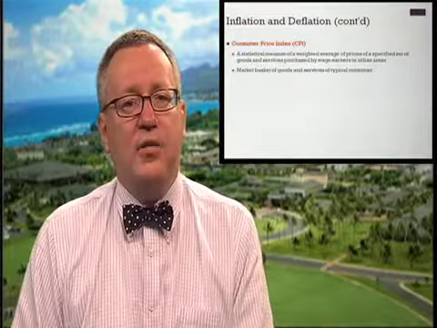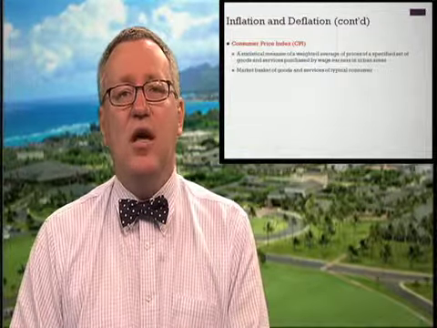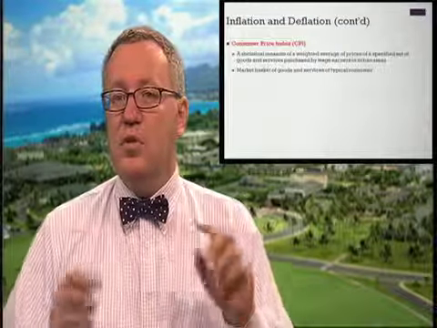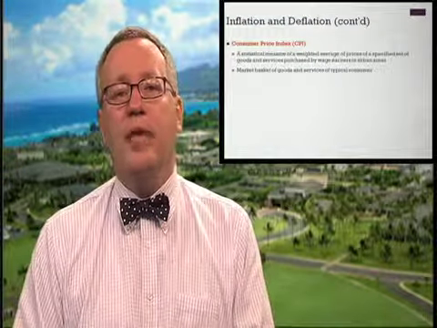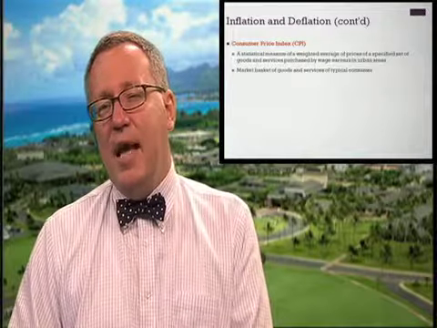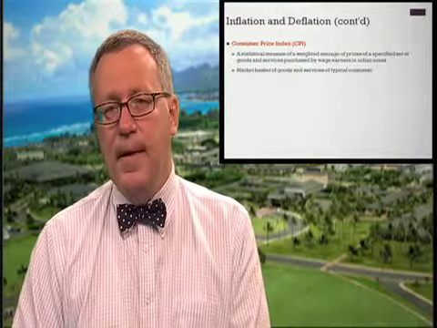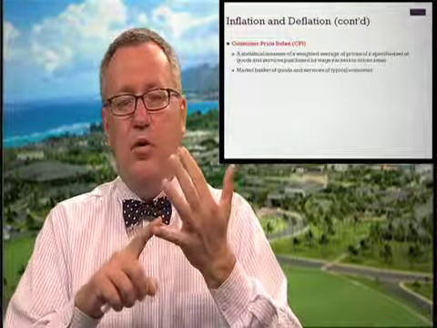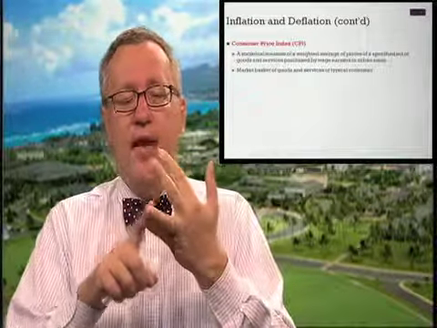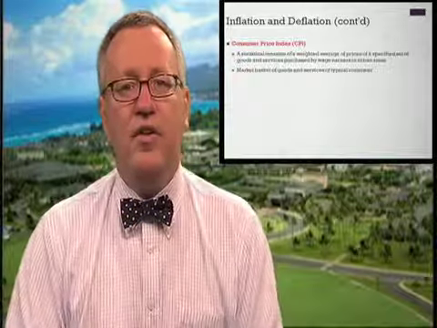The Consumer Price Index. It's a statistical measure of the weighted average of prices of a specific set of goods. This specific set of goods is the market basket we mentioned earlier. Goods and services purchased by wage earners in urban areas. Now we eliminate people in rural areas, and the reason why we do this is a bit of a historical artifact, because folks in rural areas used to grow their own crops, had their own gardens, they had their own beef, they had their own pork, and that really skewed our inflation picture.